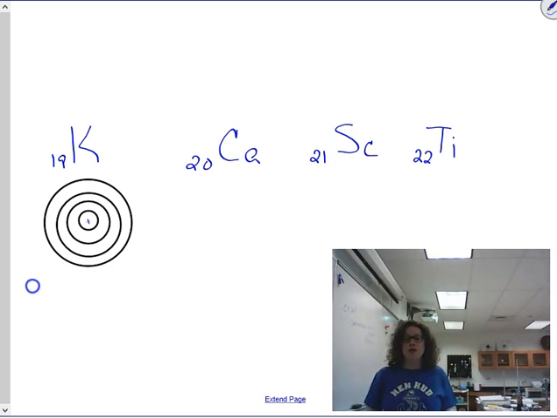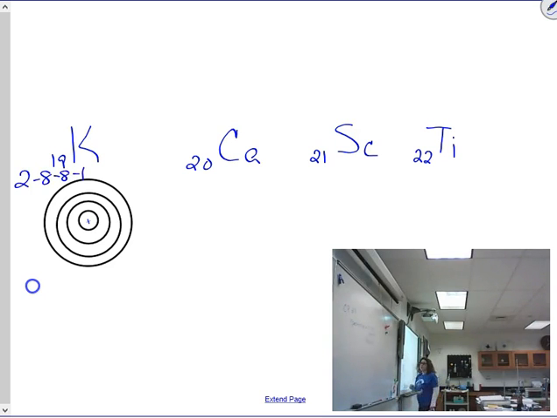Potassium has an electron configuration of 2, 8, 8, 1. It has 4 orbitals. Calcium's electron configuration is 2, 8, 8, 2. It also has 4 orbitals.